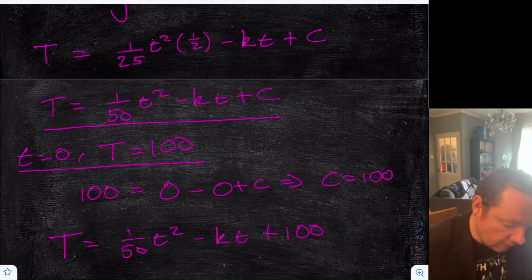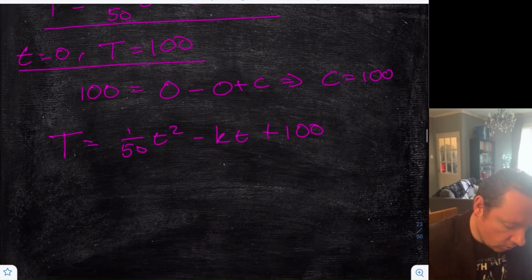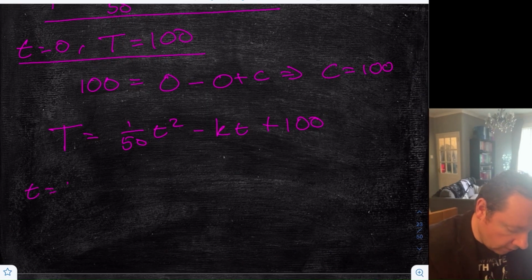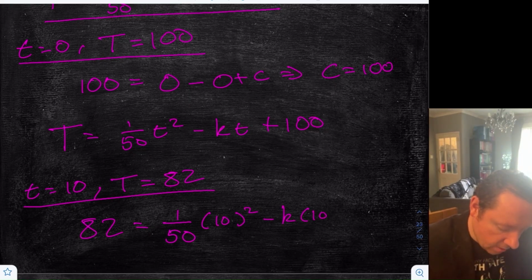But we need to find this k, so we've got an extra bit of information. 10 minutes later, the temperature is 82. So in other words, when t equals 10, big T equals 82. Subbing that point in, we get 82 equals 1/50th of 10 squared minus k times 10 plus 100.